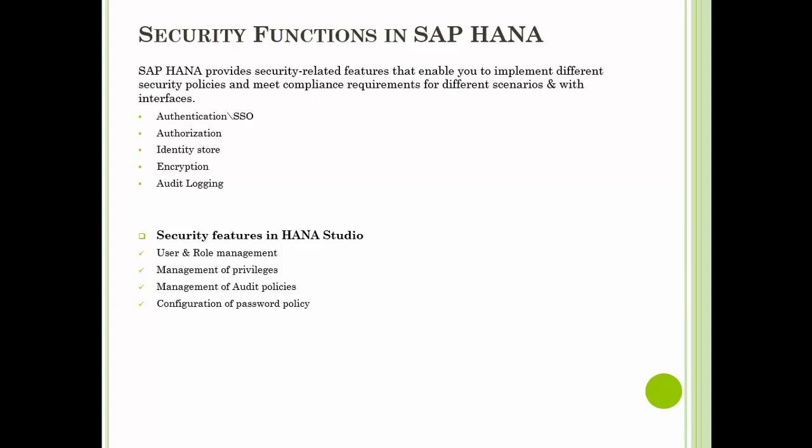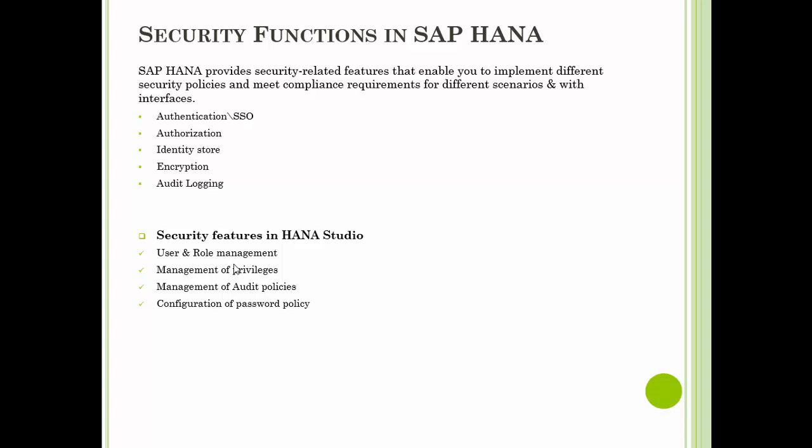So, coming to how we do it in SAP HANA Studio, these are the security features which are available: user and role management, management of privileges, management of audit policies, and configuration of password policy. When it comes to user and role management, we create users and assign them suitable roles.